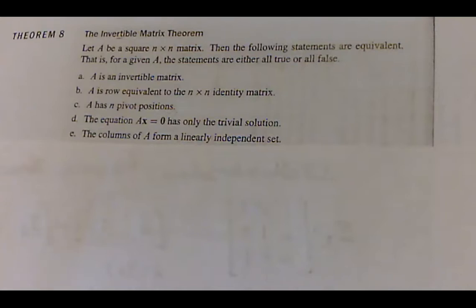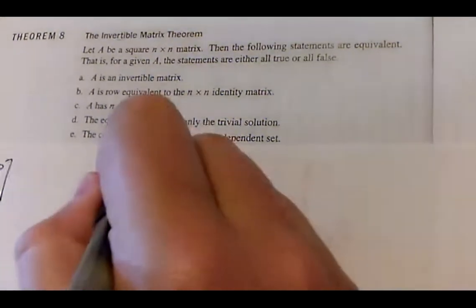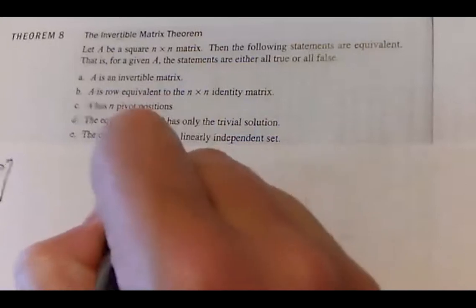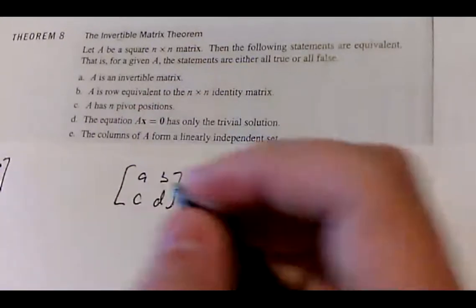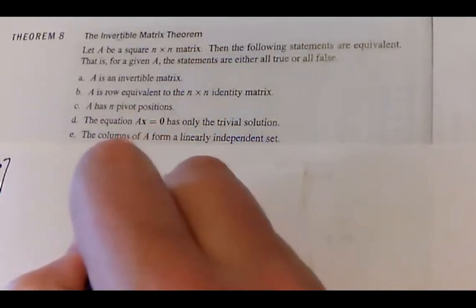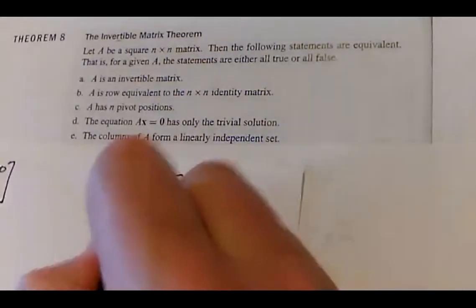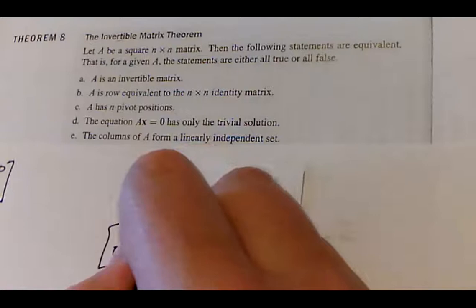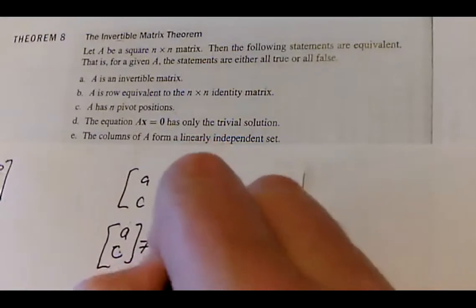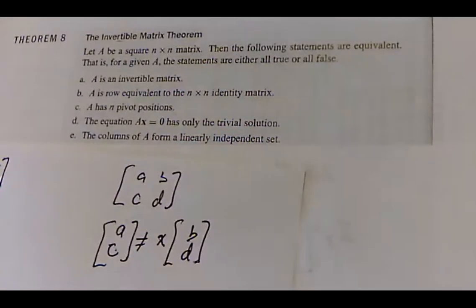Okay, and any one of these ideas may be easier to produce. Say you have a 2x2 system, just a nice simple 2x2 setup, with columns A, B and C, D. Well, if I know that the vector AC does not equal some multiple, let's call it X, of BD, with two vectors, I know that if they're not multiples, they are linearly independent.